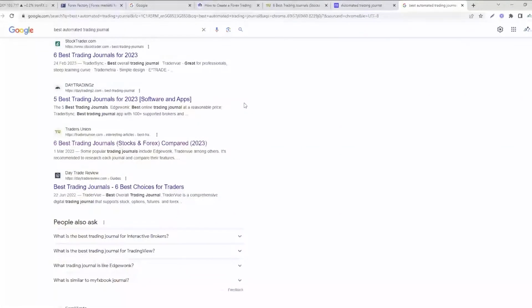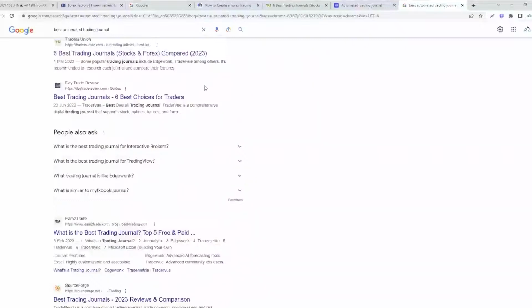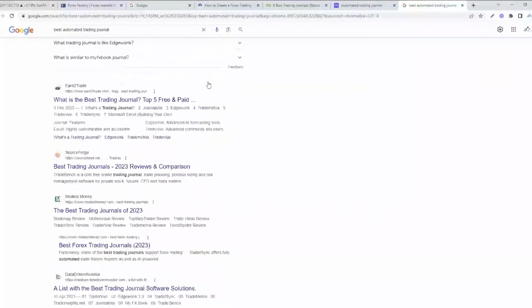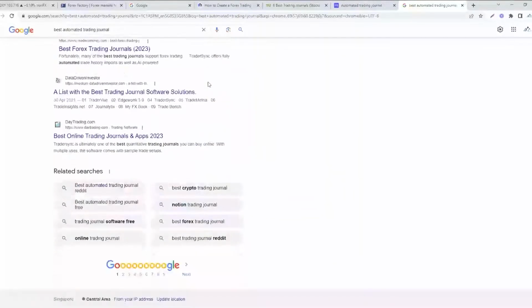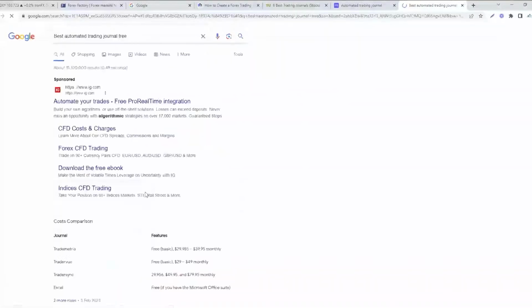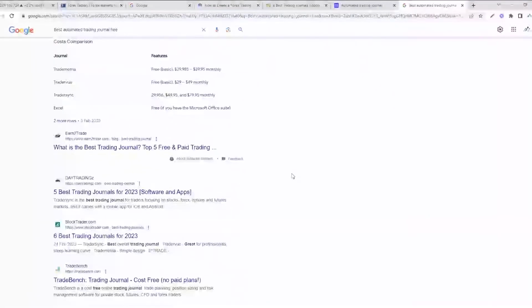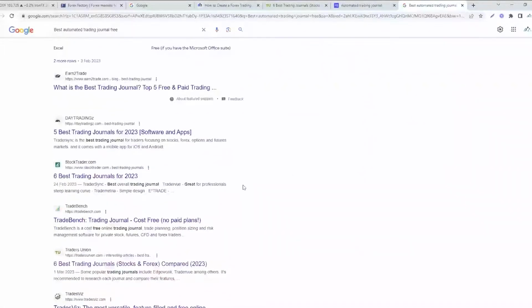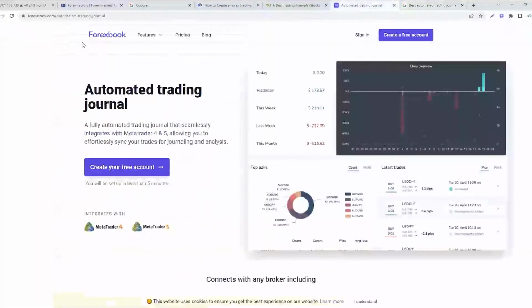Okay, these seem to be manual. What about automated? Okay, no, all right, I'll just use this as an example.